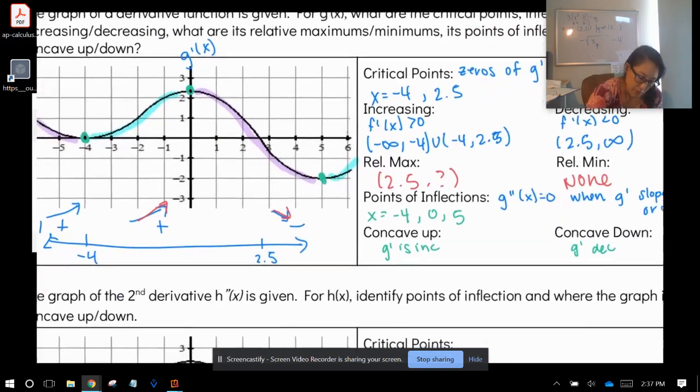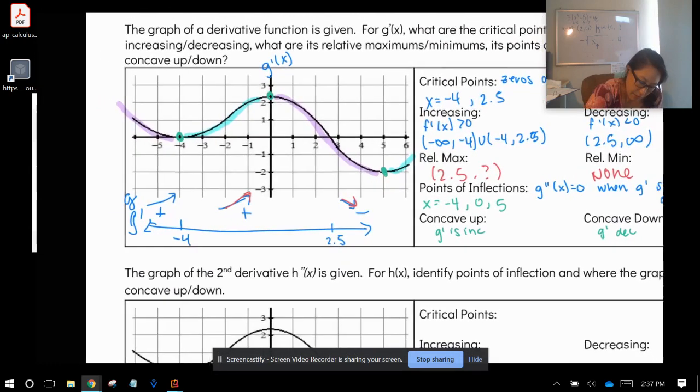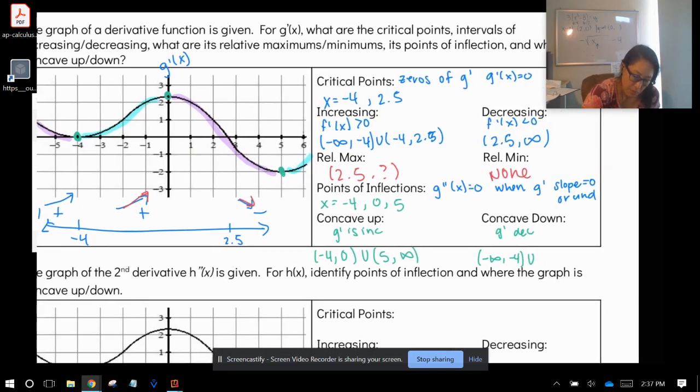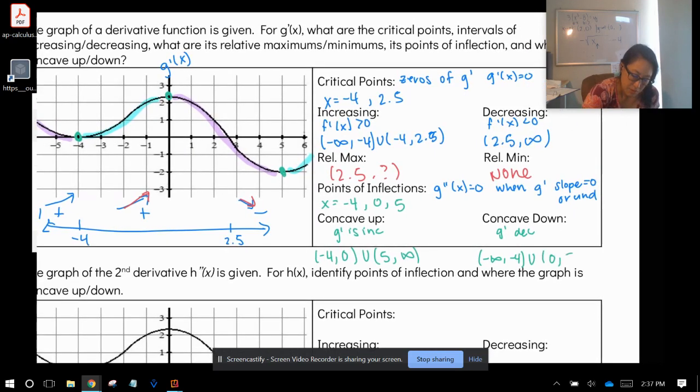So our concave up intervals are from -4 to 0, or from x equals 5 to infinity. Concave down on the purple parts from -infinity to -4, or from x equals 0 to 5.